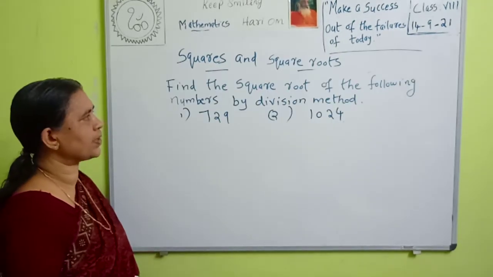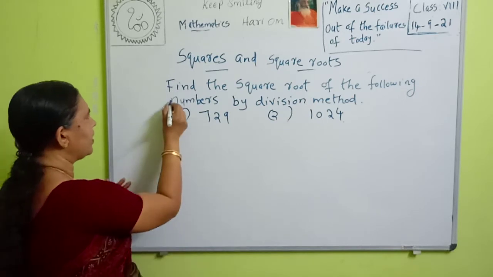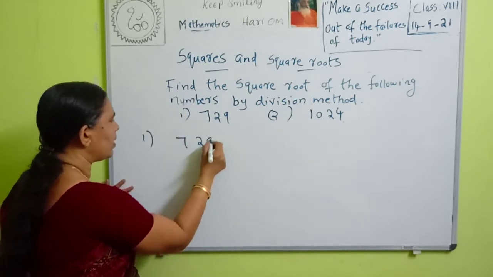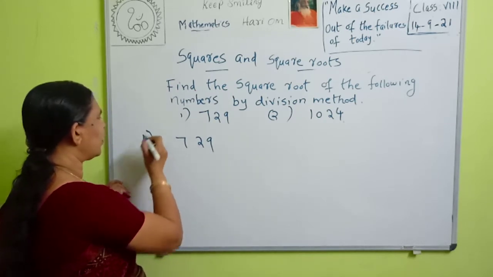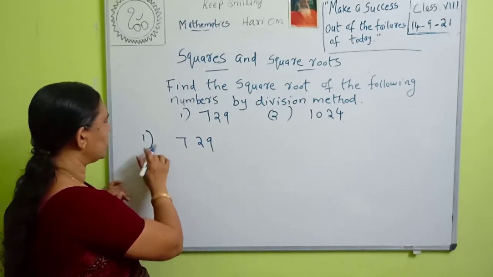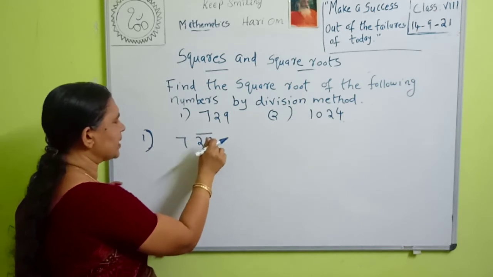Next, find the square root of the following numbers by division method. First, 729. Yesterday we studied how to find the square root of a number by division method. Here we divide this big number into pairs, starting from the units place.